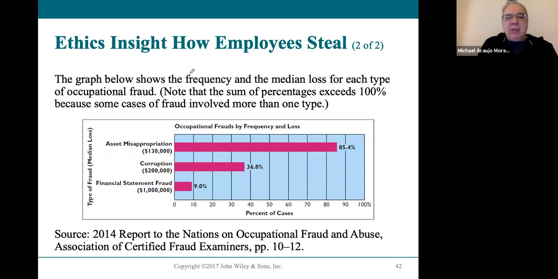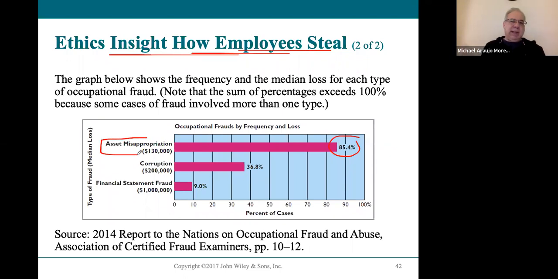In terms of what employees actually steal, it's quite saddening that most of the time, assets are simply misappropriated. They take stuff.